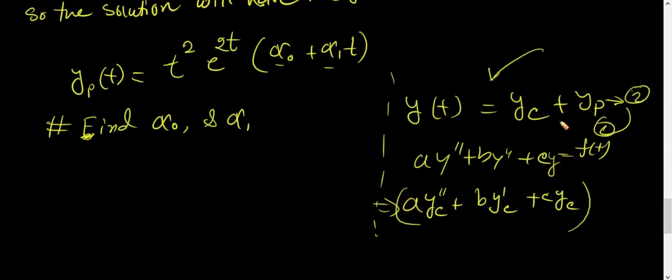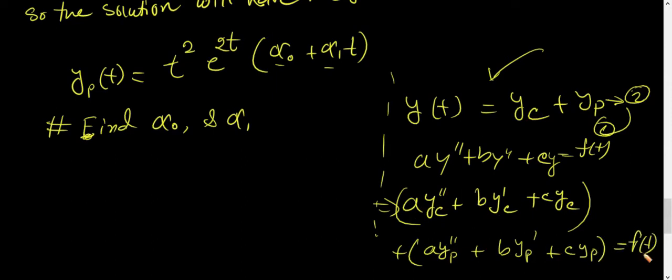It's just a matter of differentiation and you can easily verify it. So I'm just writing it down directly, and then you'll have a yp double prime plus b yp prime plus c yp, and this will be equal to f of t, right?